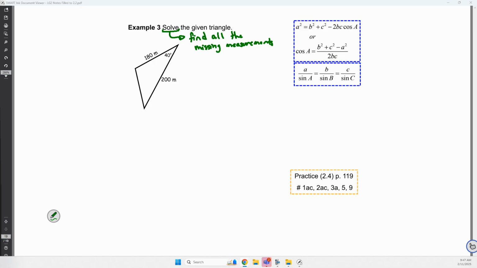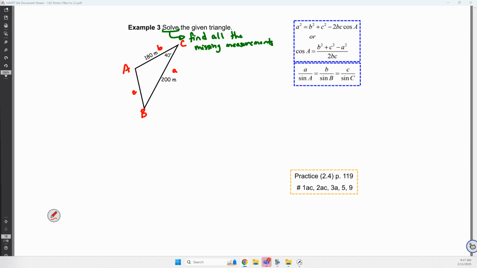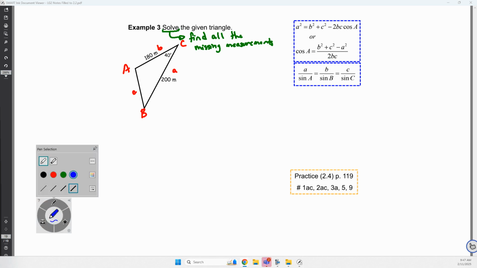So I'm going to go ahead and label this. Let's do red. I'm going to label this angle A, angle C, angle B, A, C, B, just like that. And information that we know is we know B, we know C, and we know A. This means I'm going to go over to my formula and I have to rewrite this.